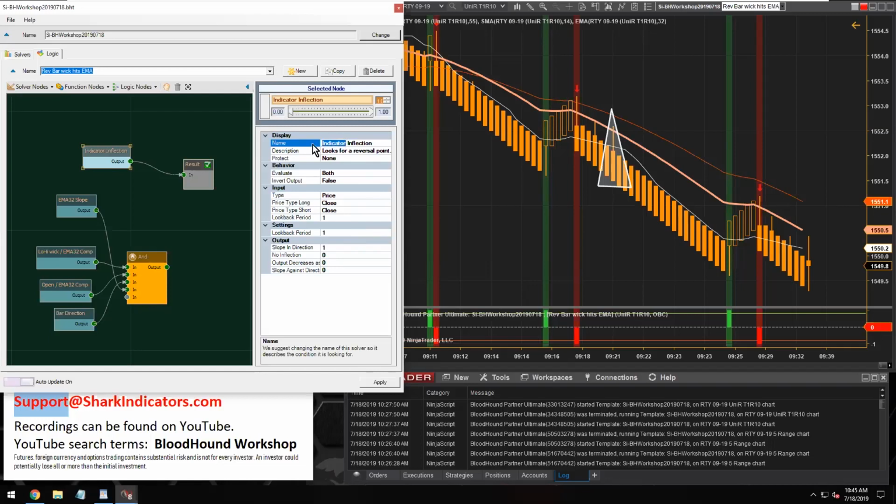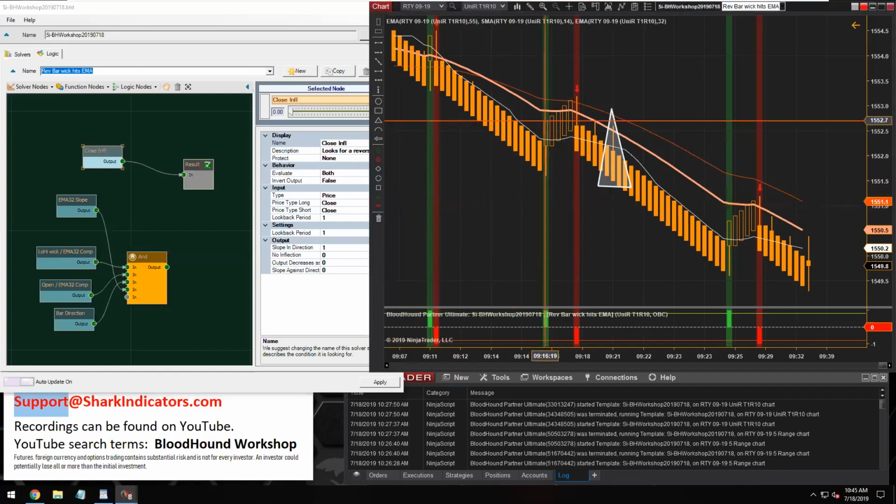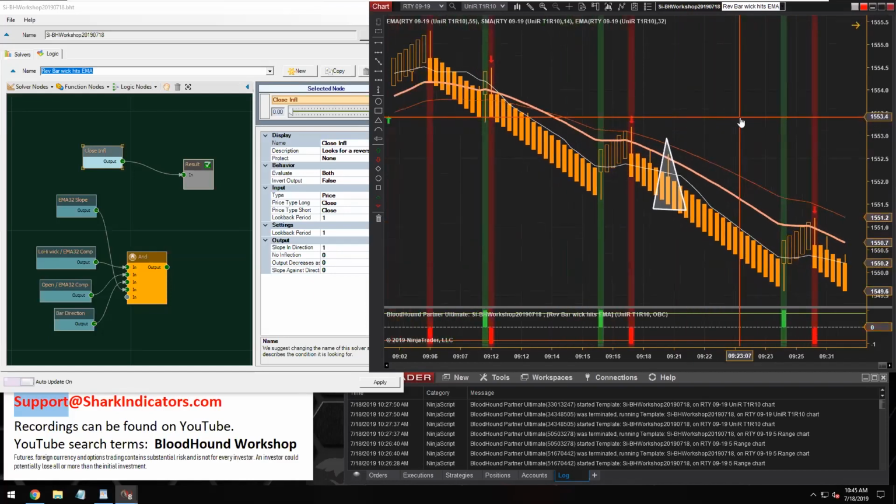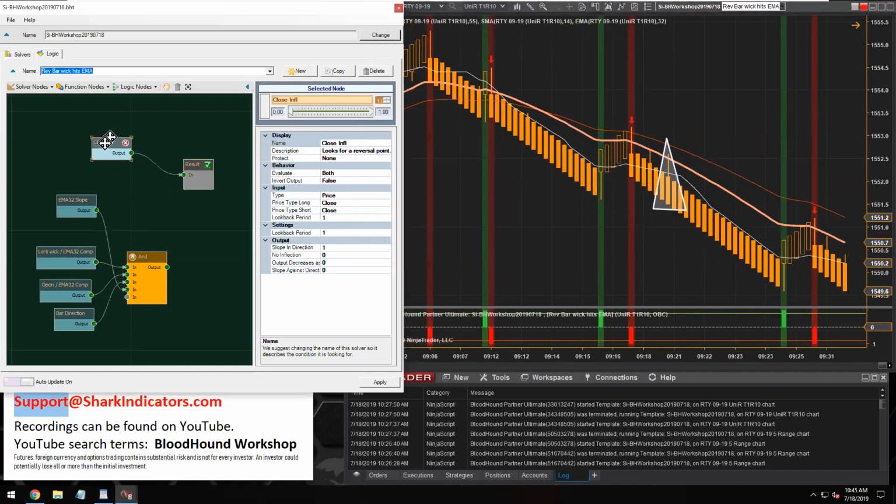So if we look at the closing price inflecting, then right there we go. We can see all of the reversal bars are being identified just using a simple inflection solver. It's marking all these reversal bars.